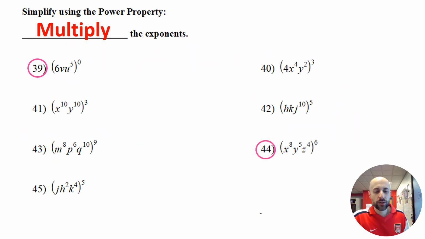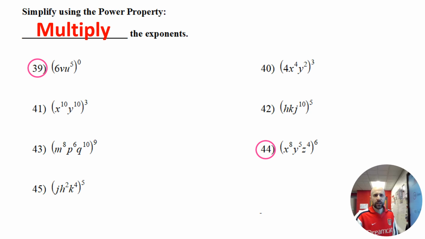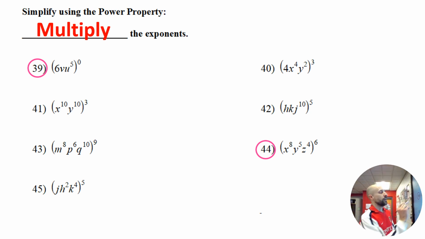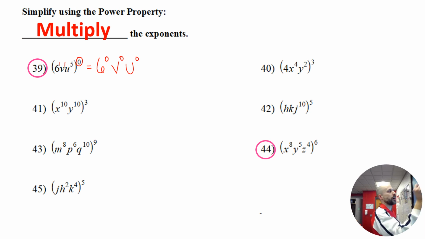Let's take a look at 2 more here. Number 39. That 0 exponent does something special, or it kind of behaves a little differently than what you might think. So in this situation, that exponent of 0, again, I can still treat it as this property of distributing that exponent to all of the other exponents, but that's just going to give me 6 to the power of 0, v to the power of 0, and u to the power of 0, right?